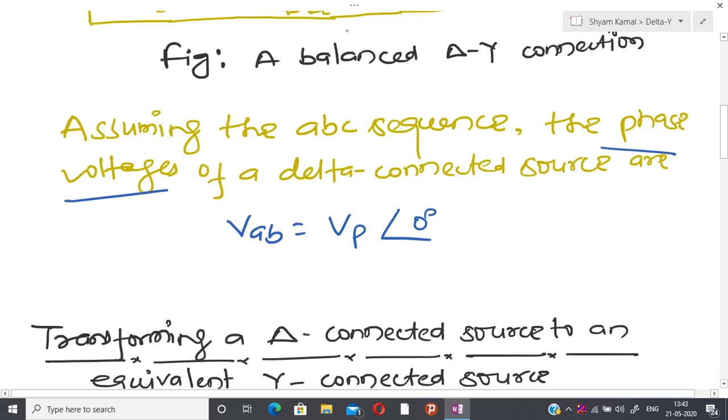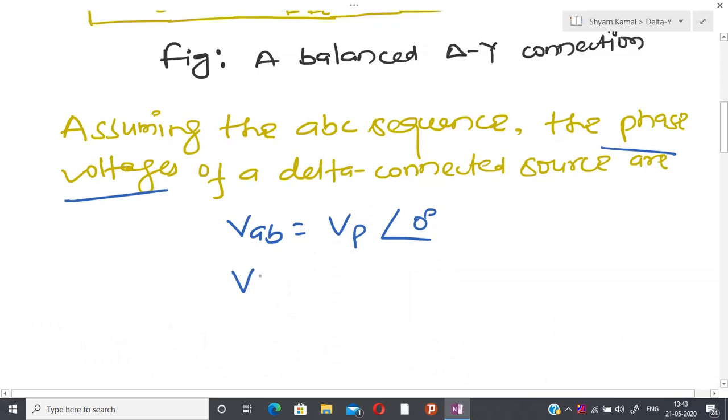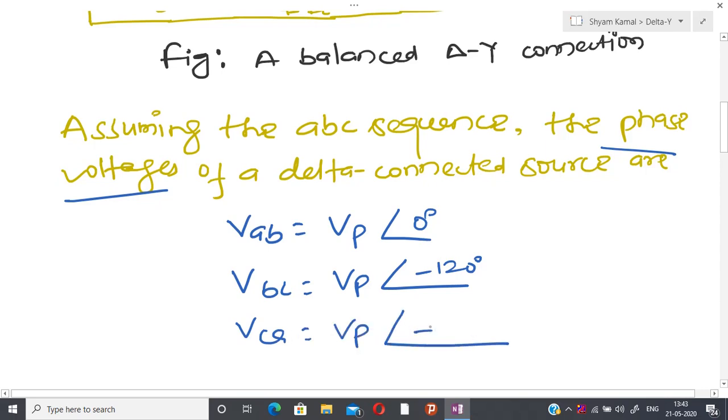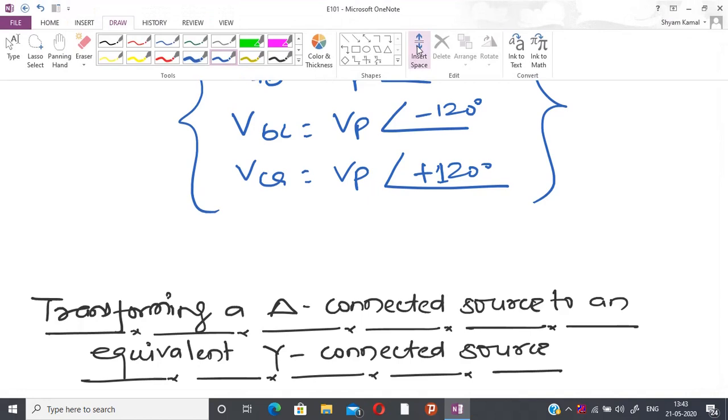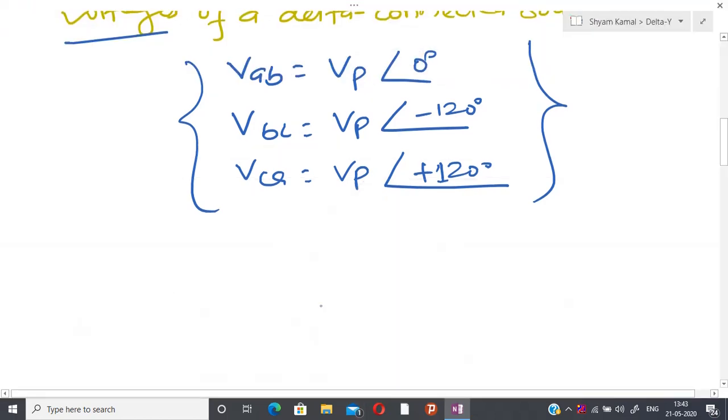And after that, I have VBC, that is VP minus 120 degrees, and VCA. So if I know the RMS value of one, it is possible to write the mathematical expression of the other voltages, because we know the sequence, and that is the positive sequence.